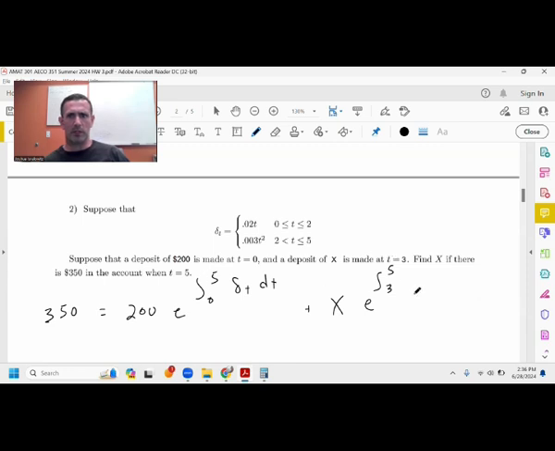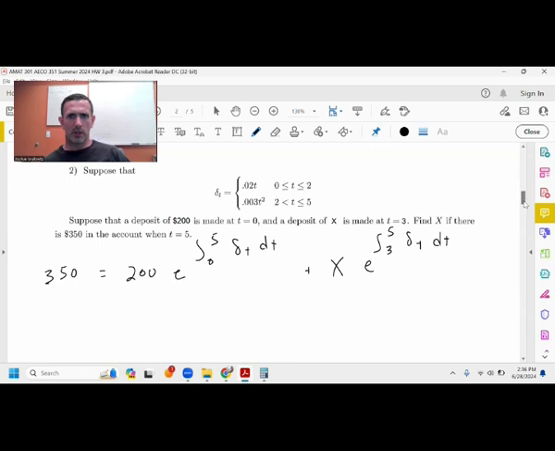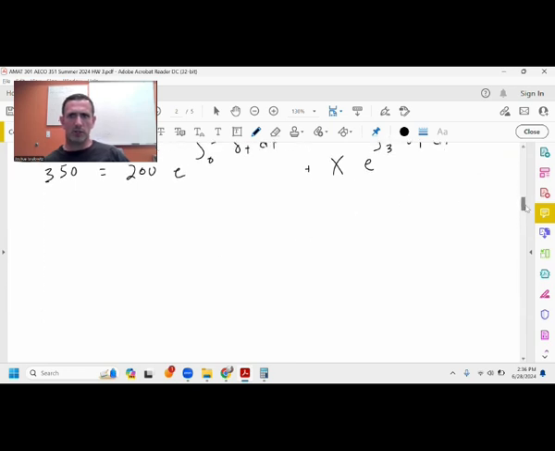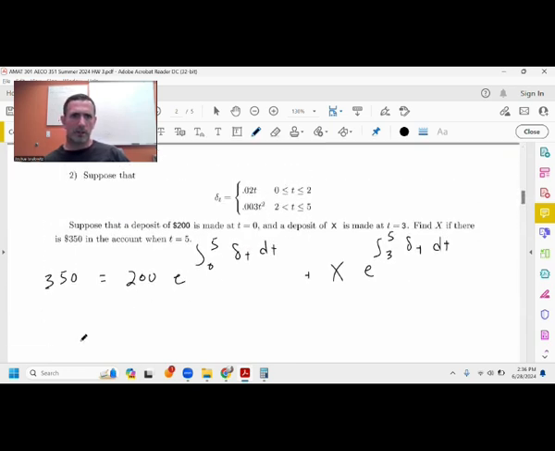So it's from t equals 3 to t equals 5. That's what x grows to. So easy stuff here. 200, so 0 to 2, 0.02t. 2 to 5.